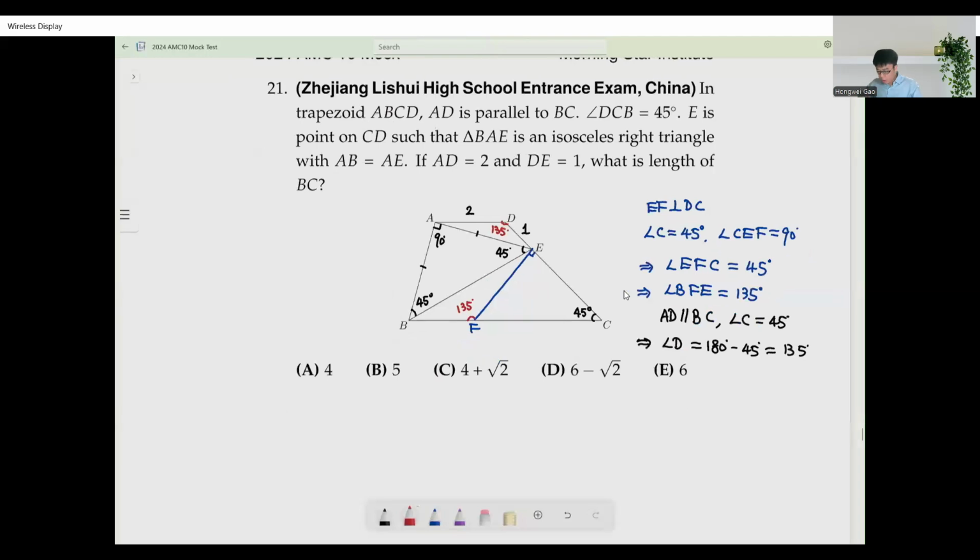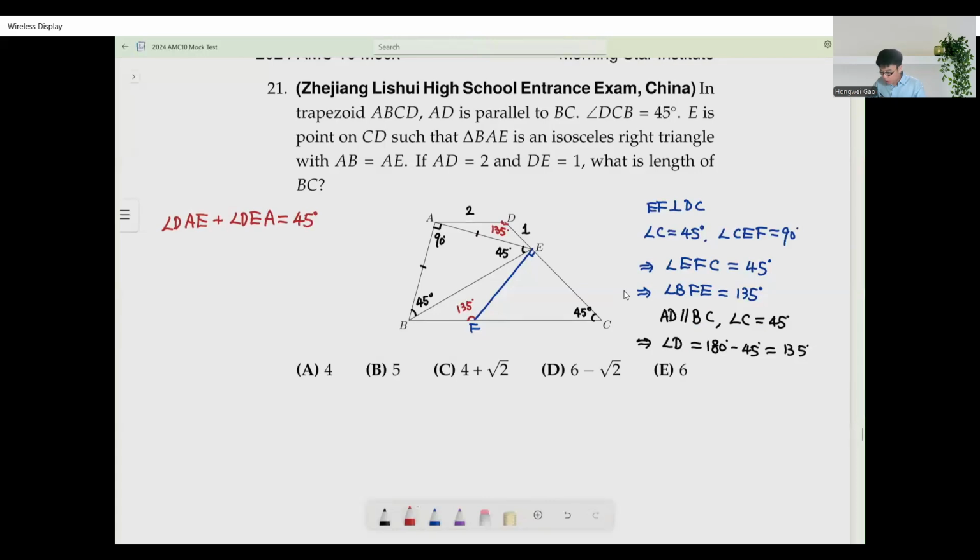Now, if we check some other angles, we can show there is a pair of similar triangles. Let's look at triangle ADE. In triangle ADE, since angle D is 135 degrees, angle DAE plus angle DEA is 45 degrees.